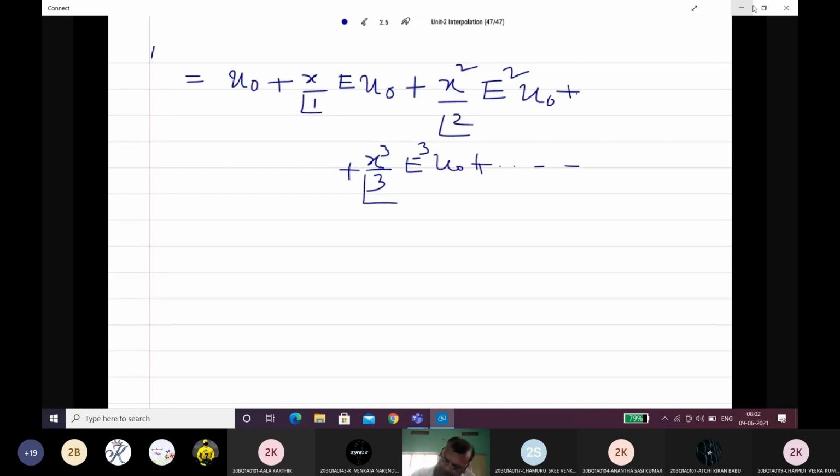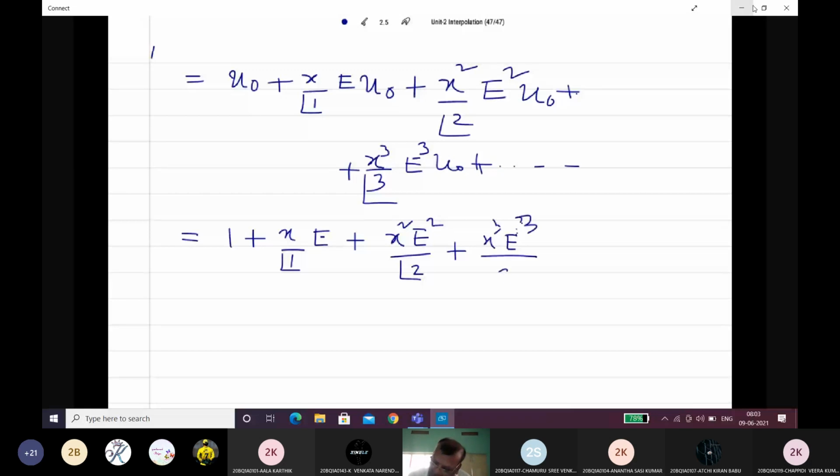Now, in this one we have to take u0 as common. That is equal to 1 plus x by factorial 1 E plus x square E square by factorial 2 plus x cubed E cubed by factorial 3 and so on, of u0.